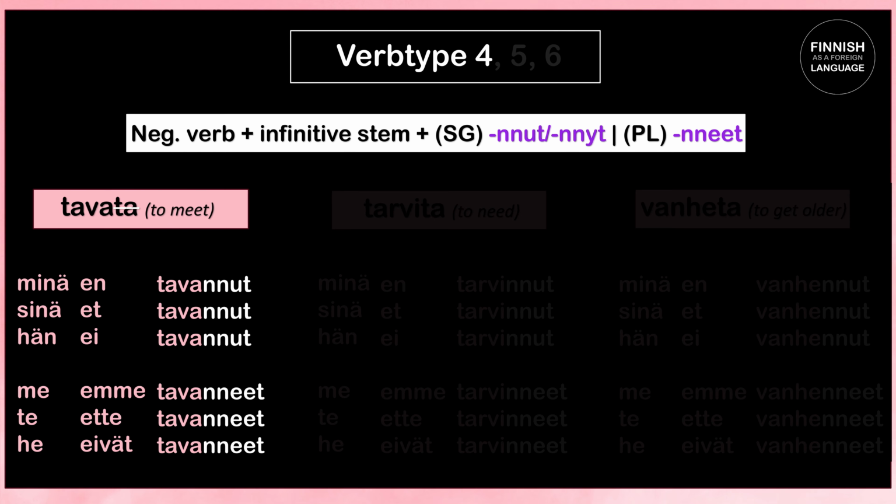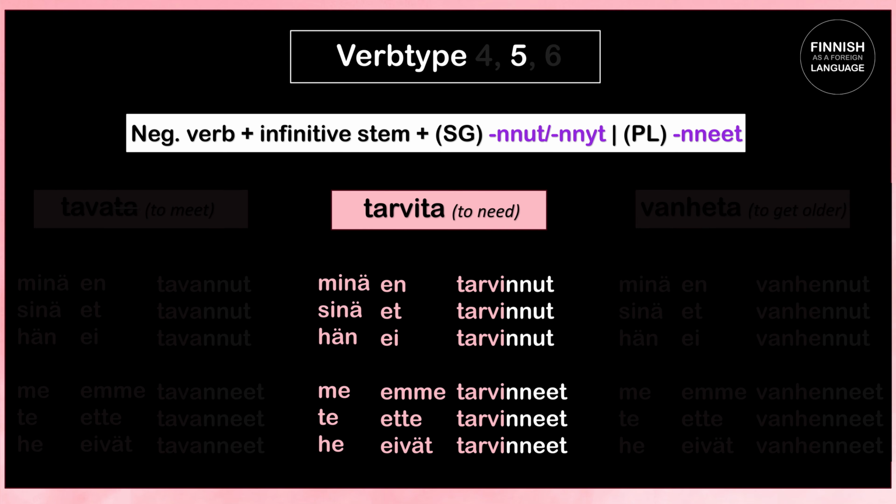Me emme tavanneet, we didn't meet. Te ette tavanneet, you didn't meet. And he eivät tavanneet, they didn't meet. So here for the singular forms we use the not ending, two ends, and for the plural forms we use the net ending, also with two ends.